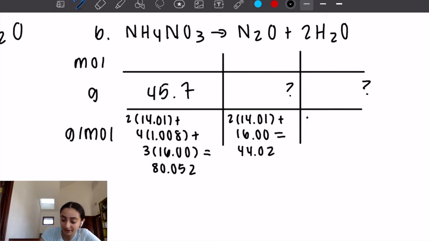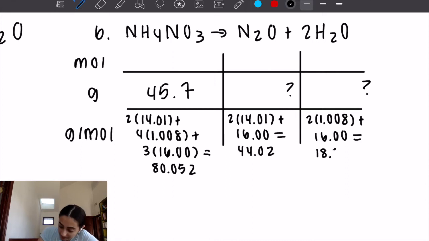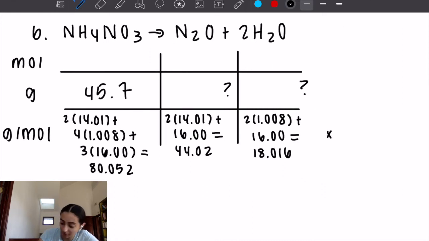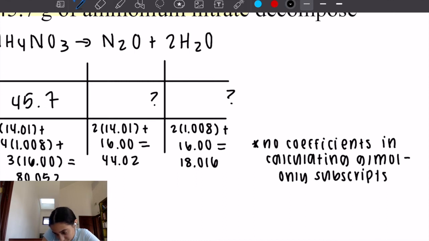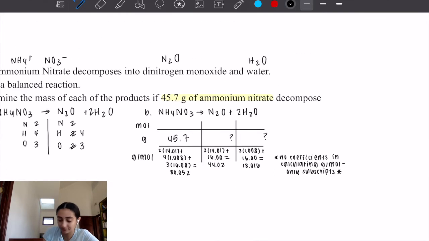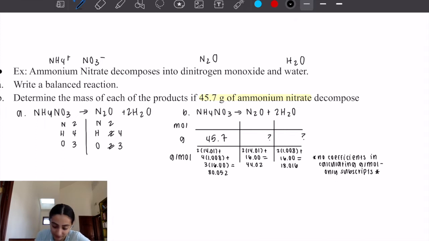And then finally for H2O, I have 2 times 1.008 plus 16, which is going to get me 18.016. And remember, I did not include the coefficients. Only use the subscripts.